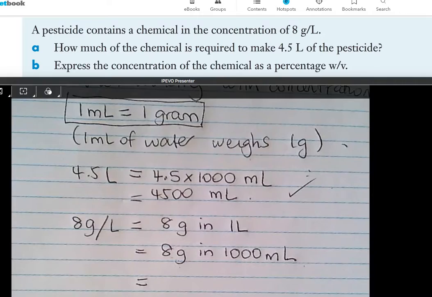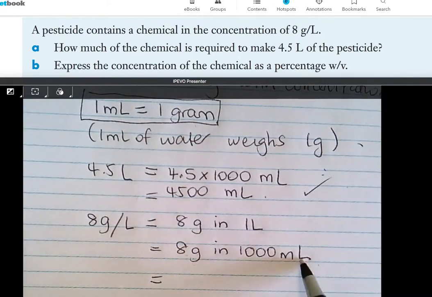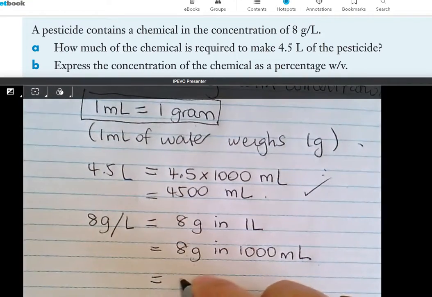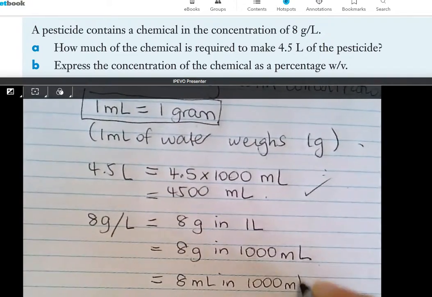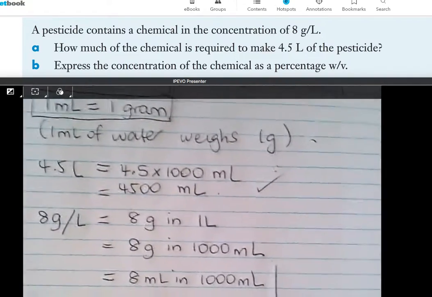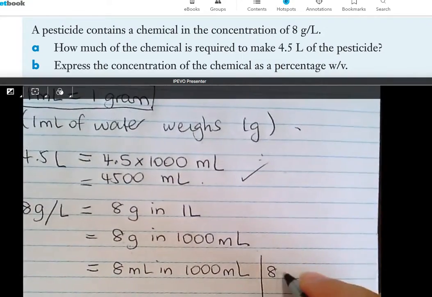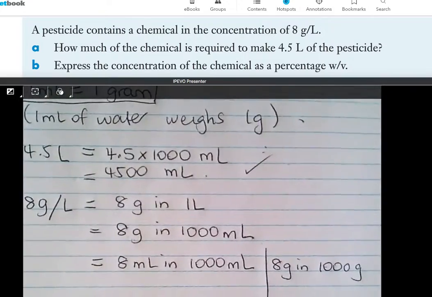All right. So now that they're in equivalent units, even though they're not the same units, because 1 mil equals 1 gram, I can say that this is 8 mils in 1,000 mils. Or I could have said it was 8 grams in 1,000 grams. It doesn't matter. It's the same.